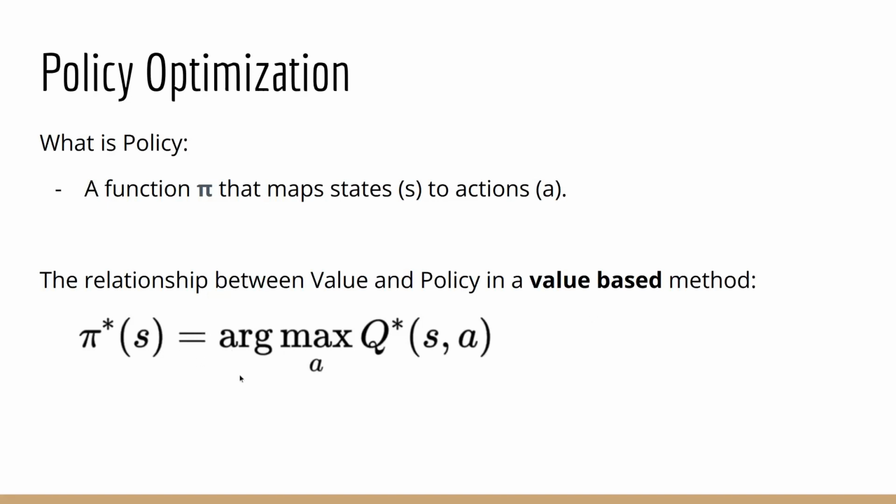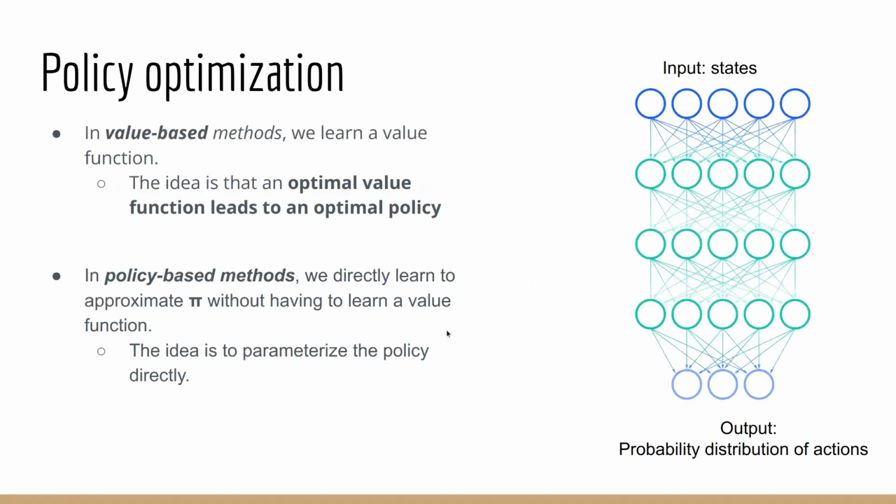What we are doing is basically using the greedy method, and at each state we take the argmax of the action that maximizes the Q value. However, as we have often learned, the greedy method might not always be optimal. So now we are going to look at policy optimization.